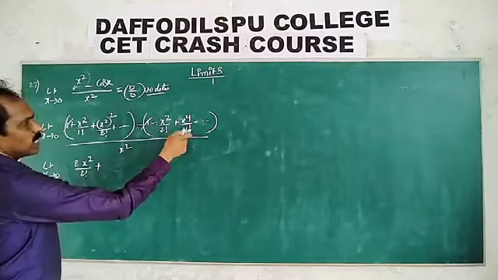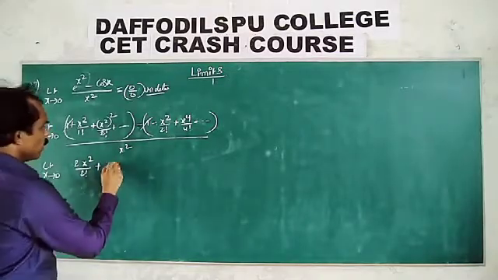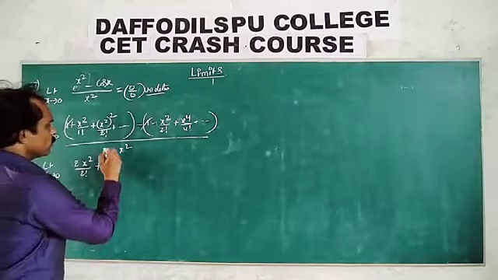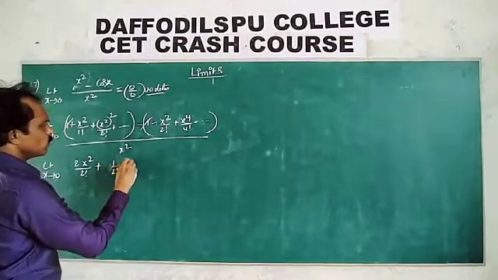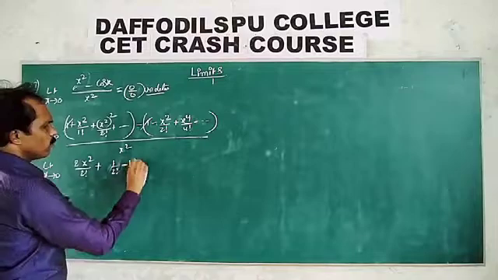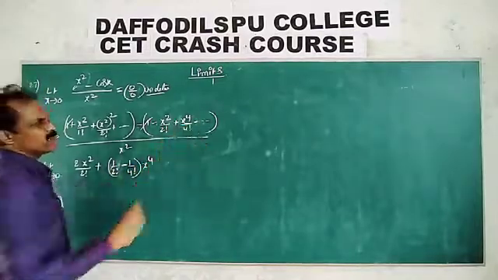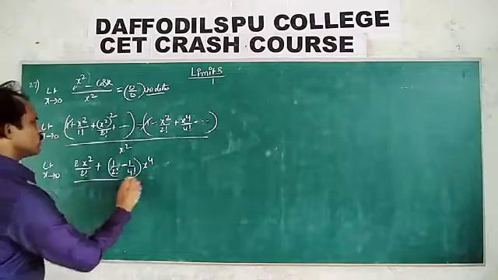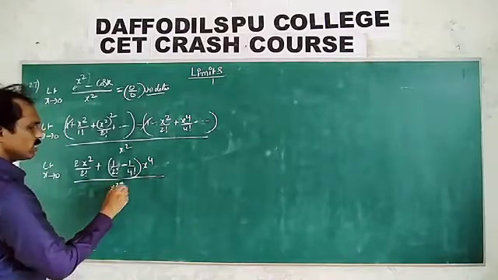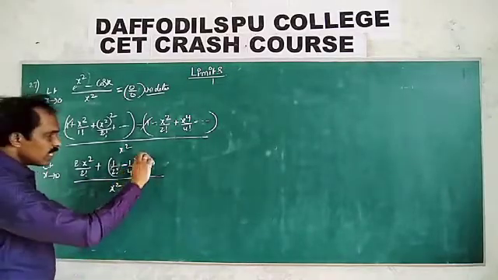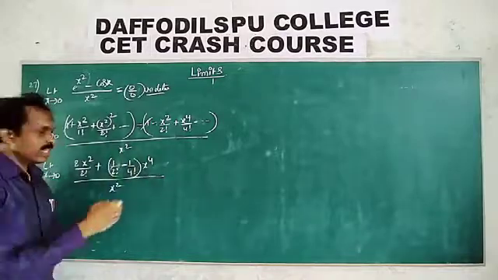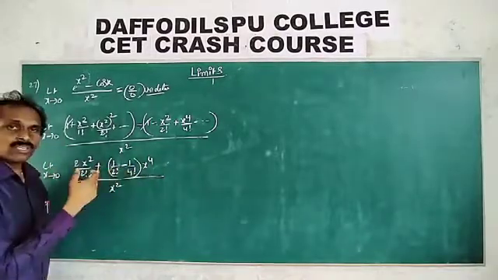So therefore this is 4 factorial. x power 4 means 1 by 2 factorial into minus 1 by 4 factorial of x power 4. So remaining terms we neglect. Why? Denominator x square is there. Suppose it will cancel and remaining x square is there. x tends to 0, 0 into something 0.